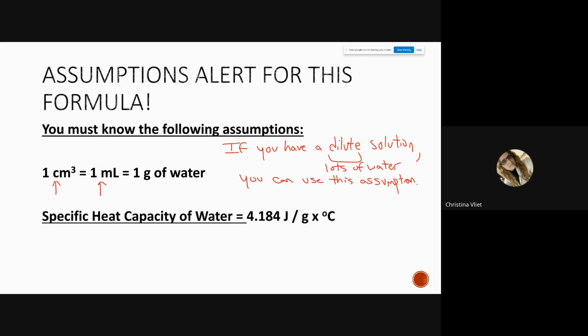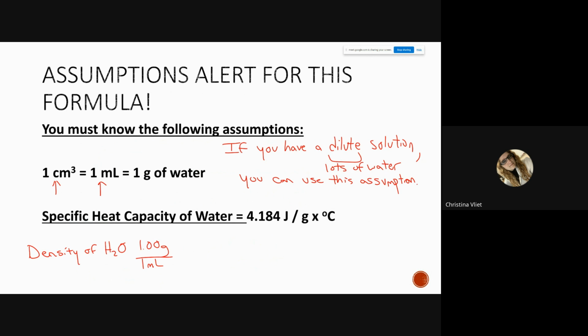But do you remember that the density of water, which I taught in pre-A, is 1 gram per 1 milliliter? If you don't write it down, this is super important. The density of water is 1 gram per 1 milliliter.